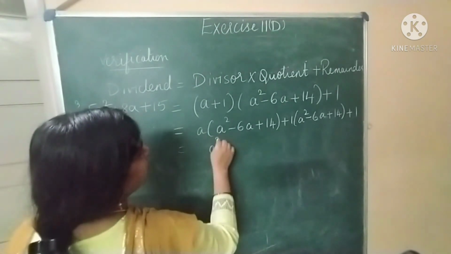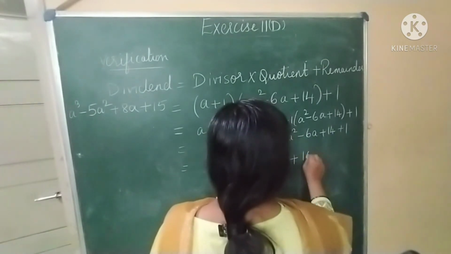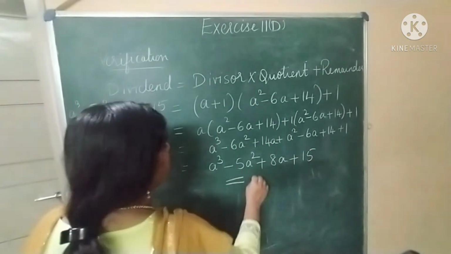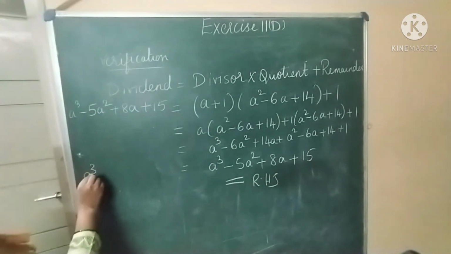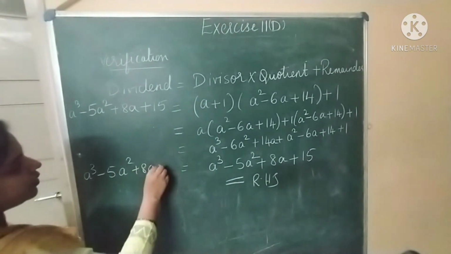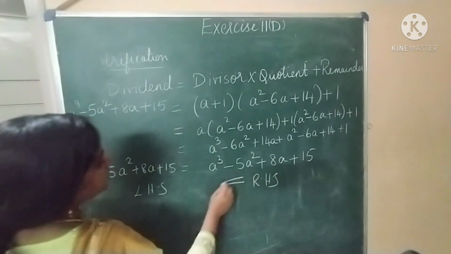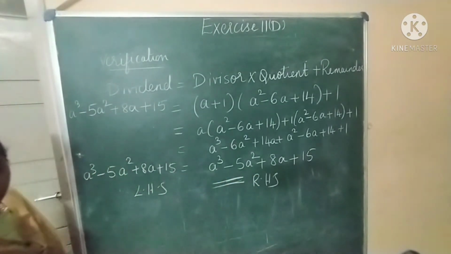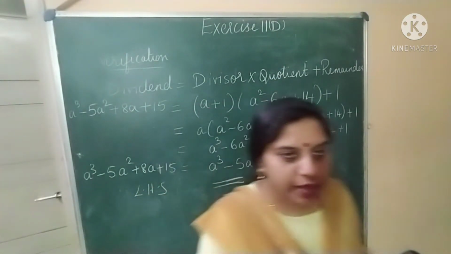A into a square gives a cube, minus 6a square gives you plus 15. So this is the RHS, and what is the LHS? A cube minus 5a square plus 18a plus 15. This is the LHS. So we show that LHS is equal to RHS. So this is the second sum, and along with it the verification.